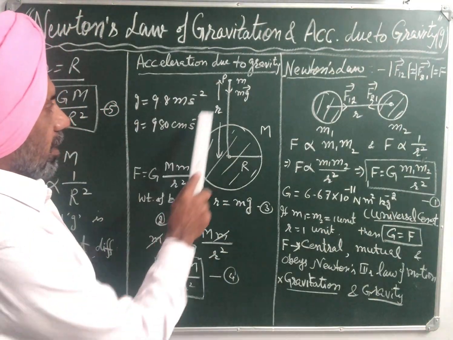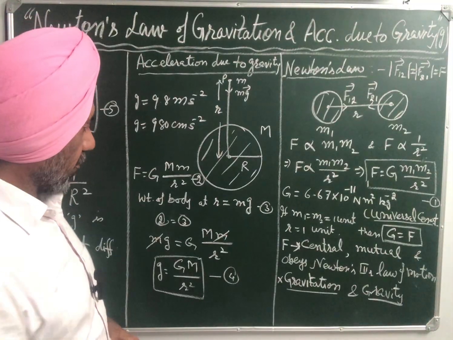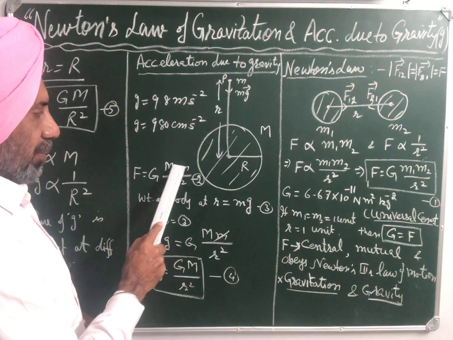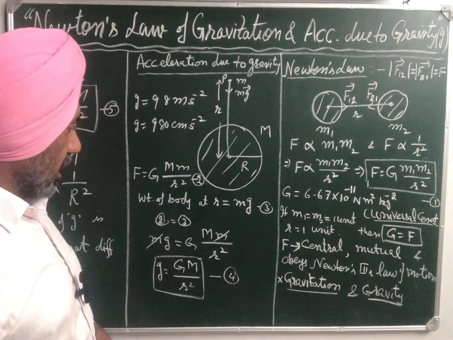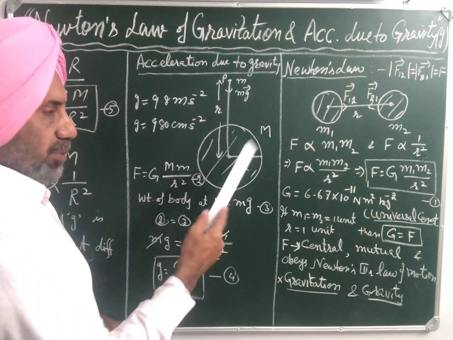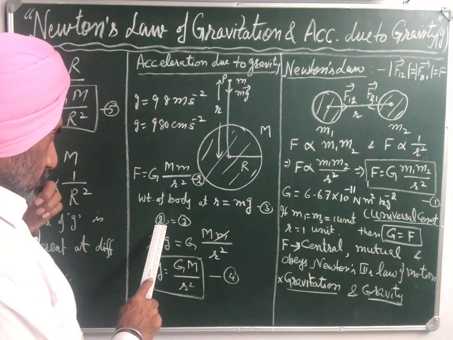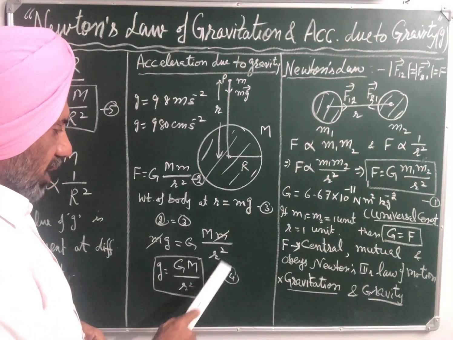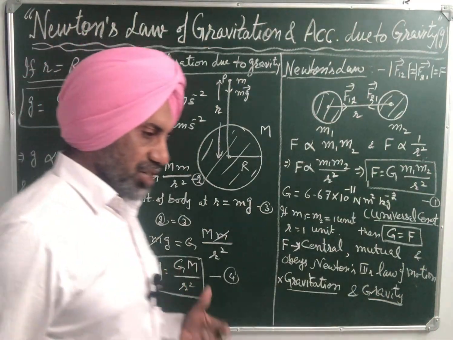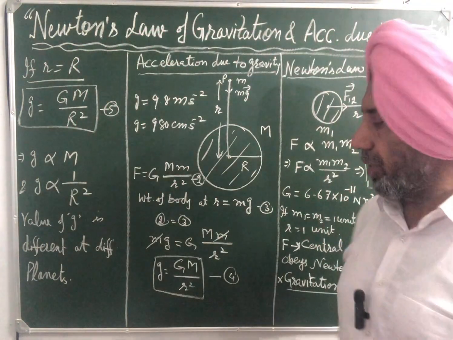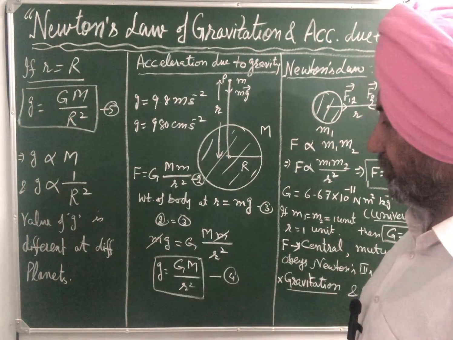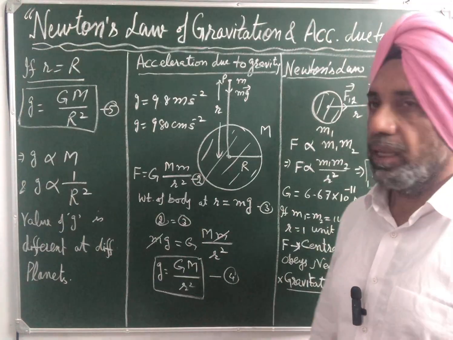So by Newton's law of gravitation, F is equal to G capital M small m upon r square, and the weight of the body at r is equal to mg. So at this point both must be equal. So mg is equal to G M m upon r square. Small m cancels. So g is equal to G M upon r square. This gives the expression for acceleration due to gravity for a given planet, say Earth, at a distance small r.